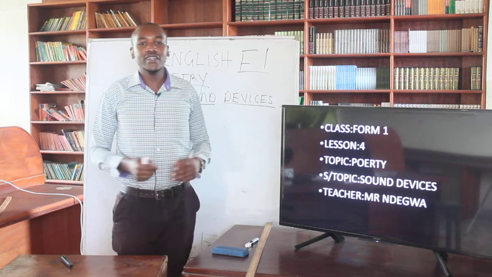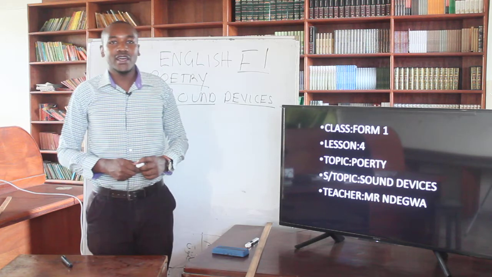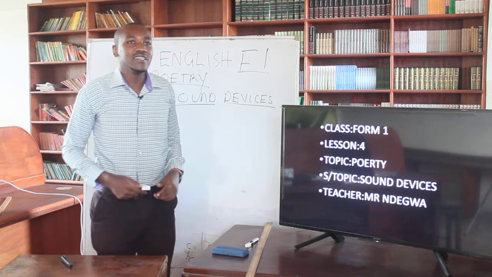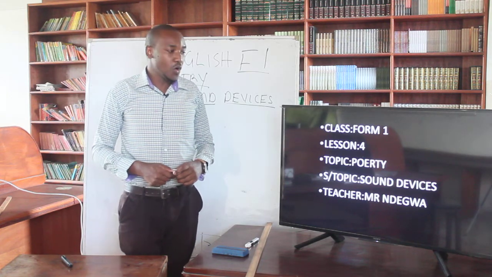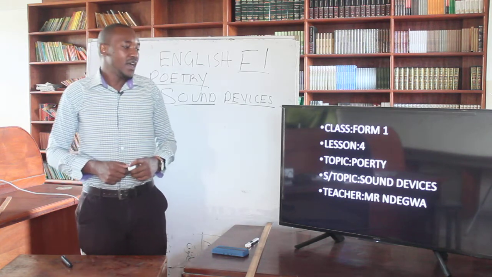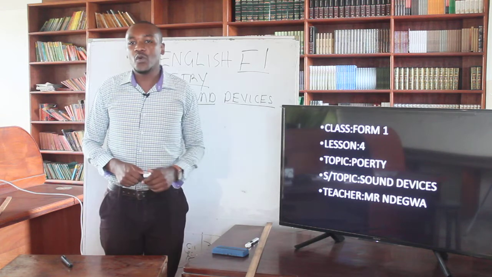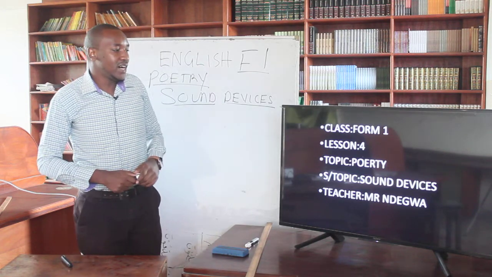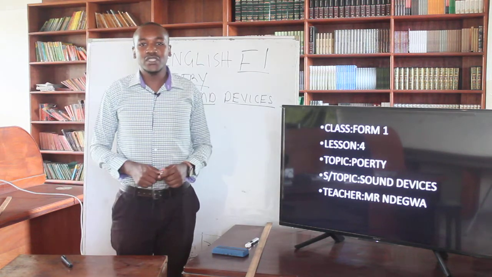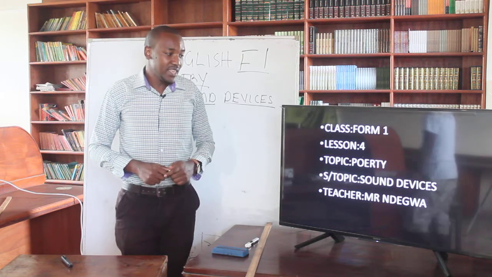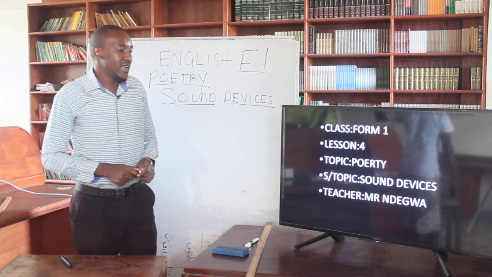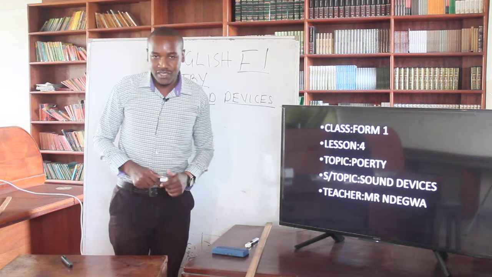The content, we say, is the message, and the form is how this message is delivered or passed to the audience. Again, we also say that on the form, where we have the style, we have stylistic devices which are used to deliver this information. And then we have the sound devices.